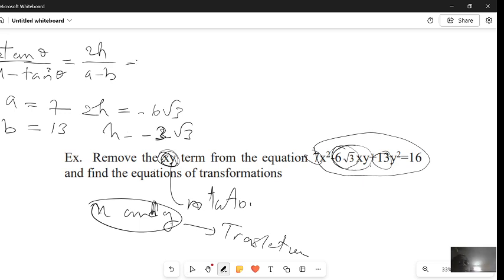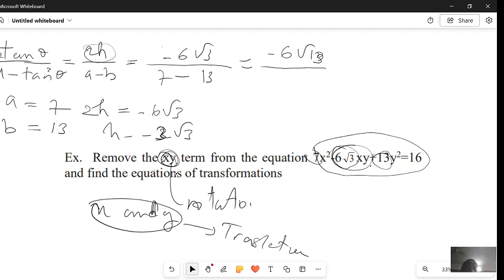Now I will put here 2h. 2h means it's going to be minus 6 square root 3, divided by a minus b, that's 7 minus 13. So I will have minus 6 square root 3 over 7 minus 13, which is minus 6.